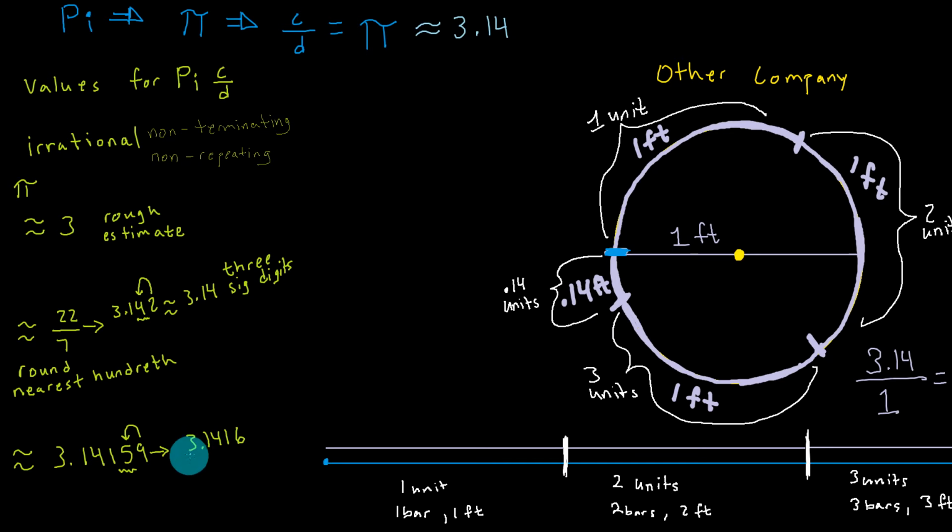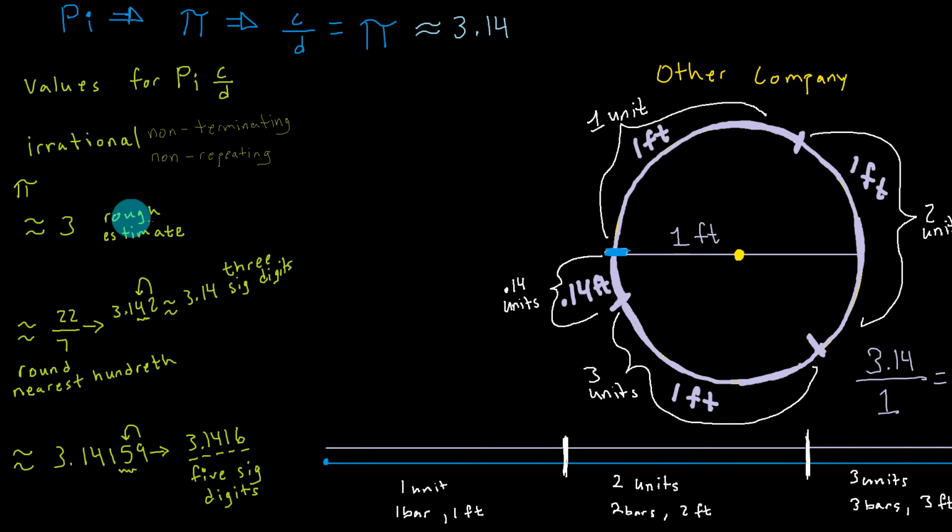So in this case, pi is represented by 1, 2, 3, 4, and 5 significant digits or figures. Let's write that down real quick. 5 significant digits. So a number with 5 significant digits is more accurate than a number with 3 significant digits, which is much more accurate than this value 3, which is our rough estimate.